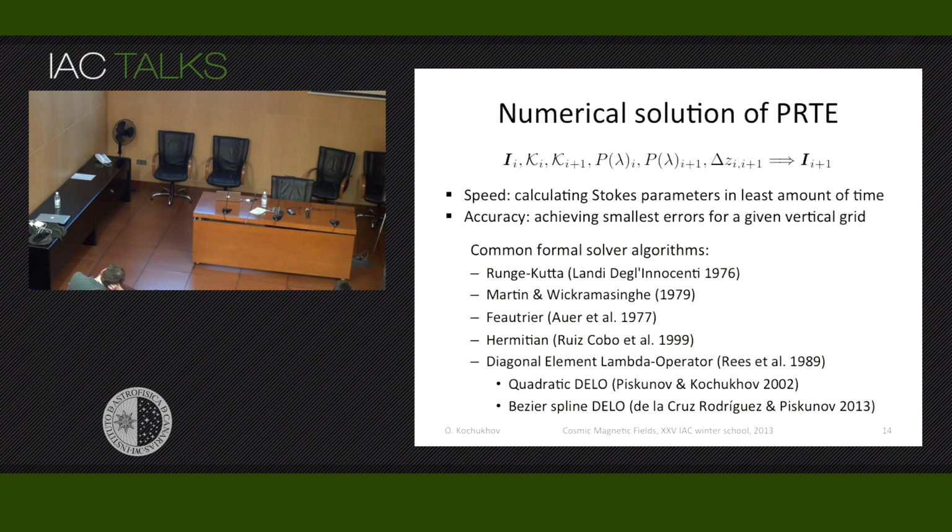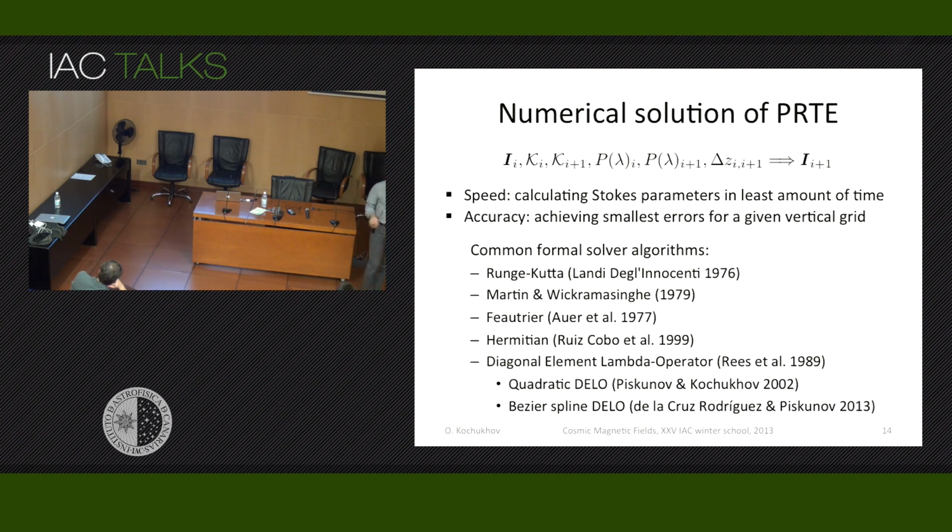More specifically, we're given a grid in depth, and we need to propagate our Stokes vector I from point i to point i plus 1, knowing the source function, Planck function, and knowing this matrix containing the absorption and anomalous dispersion coefficients.